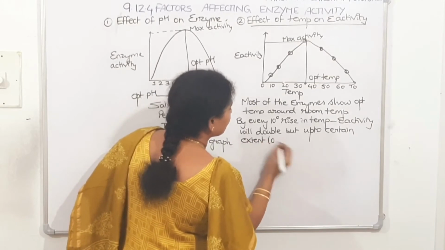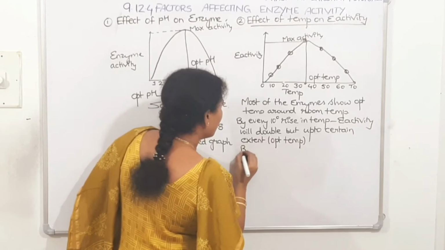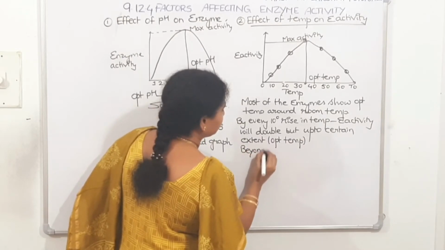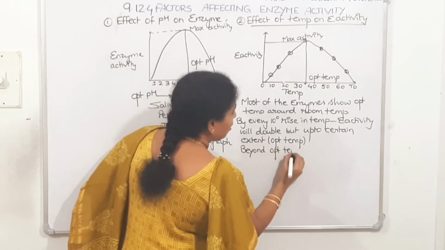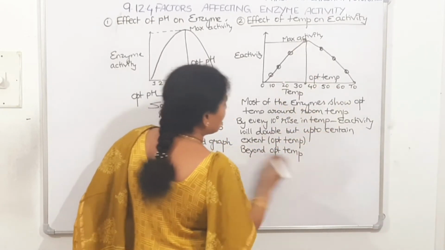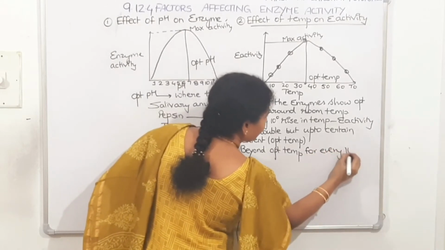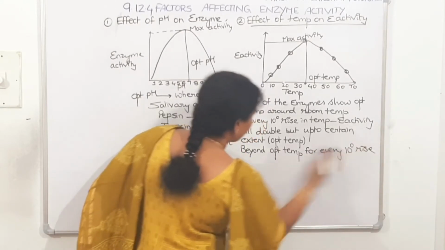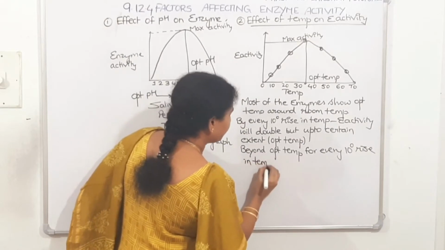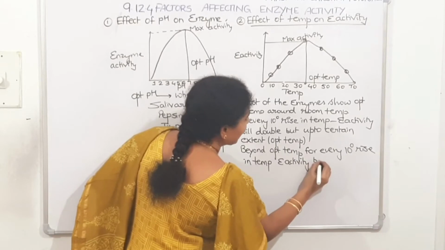What is that extent? The extent is till the optimal temperature is reached. Beyond the optimal temperature, if you are going from 40 to 50, 50 to 60 and 70, for every 10 degrees rise in temperature, enzymatic activity becomes half.